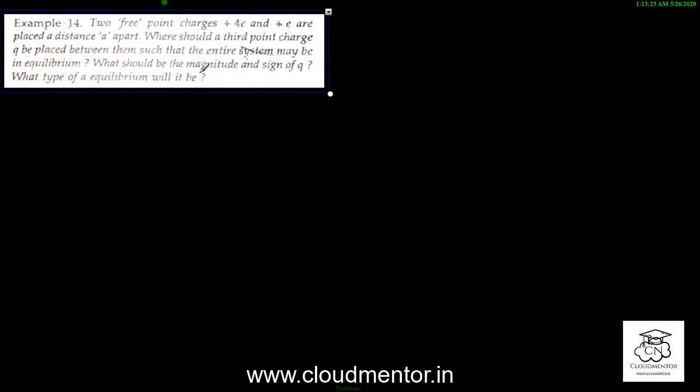Here, the system should be in equilibrium. In this question, the system should be in equilibrium. That's the change between the previous one and this. So how can we do this?